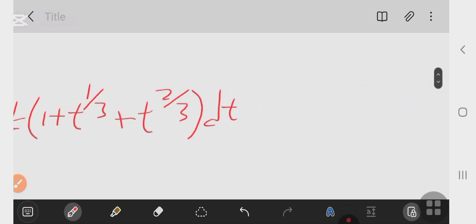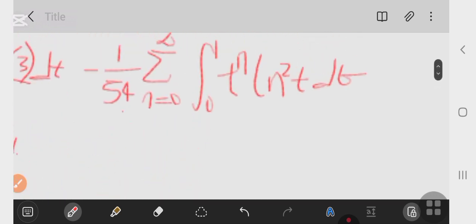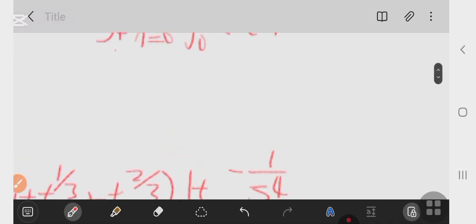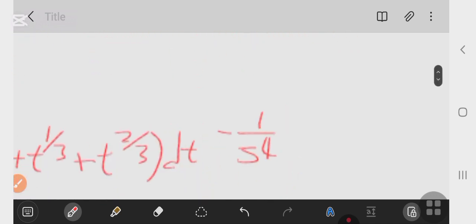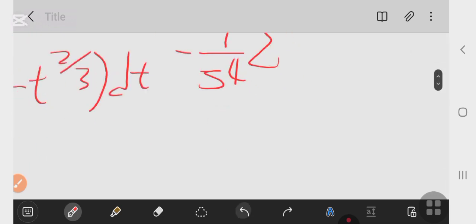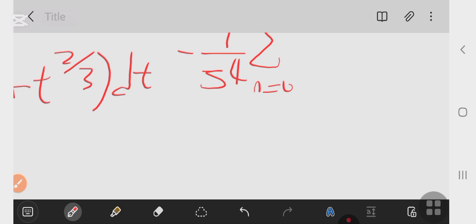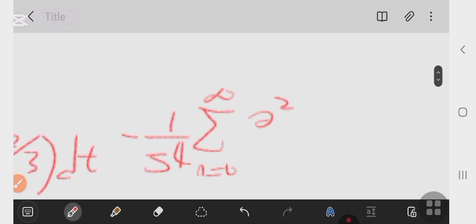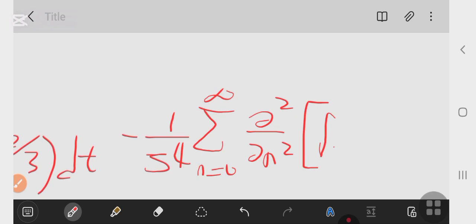Then the other part, I have minus 1 over 54 all into the sum to infinity of n from 0 of, remember what I said in the other part, the second derivative of the integral from 0 to 1 of t to the power of n dt.